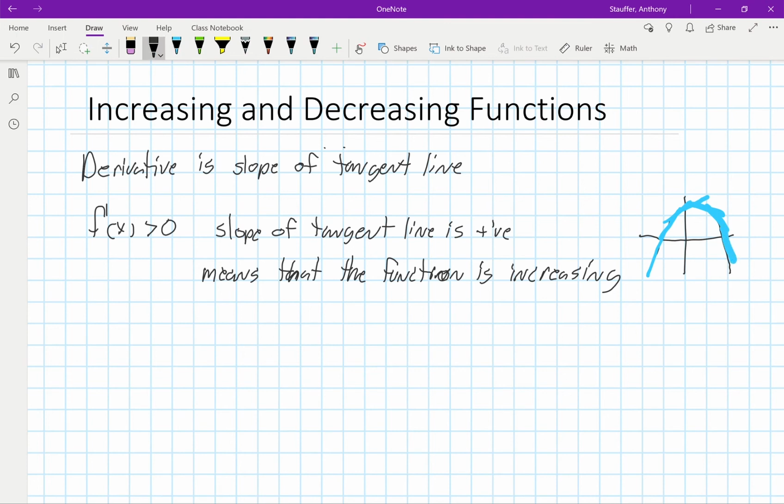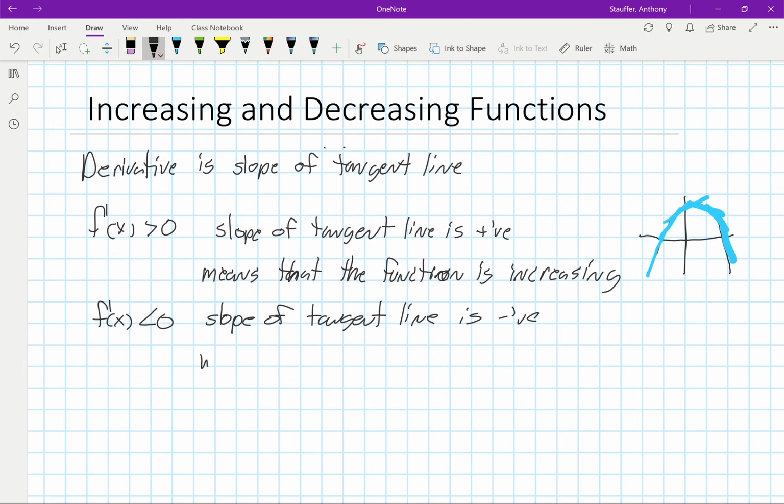As such, if f prime at x is less than 0, that would mean that the slope of the tangent line is negative.